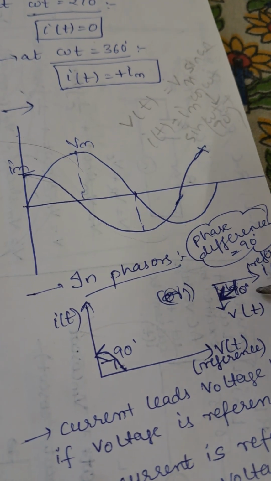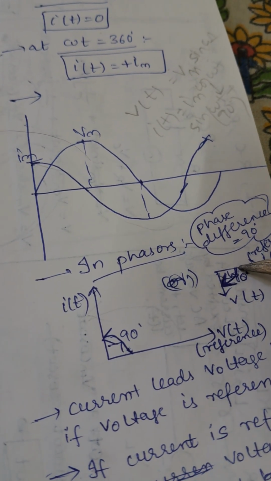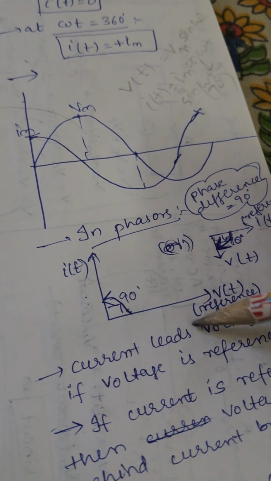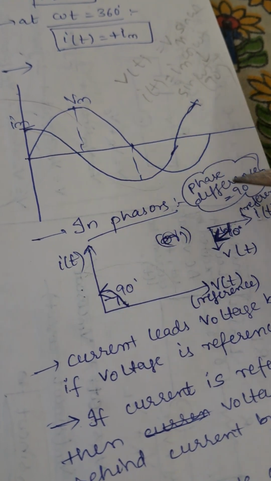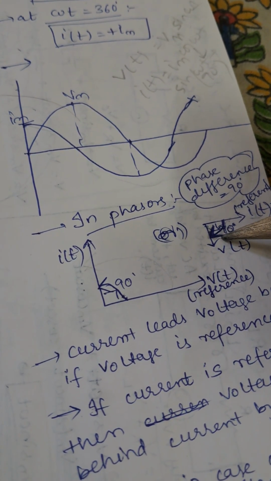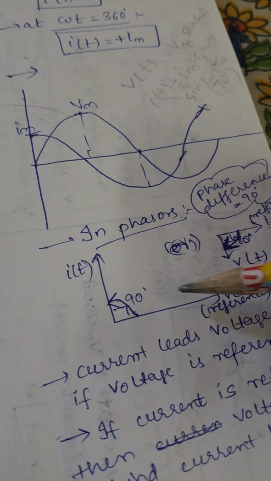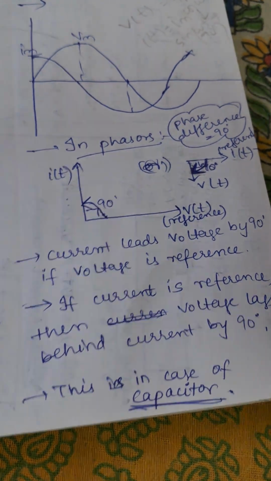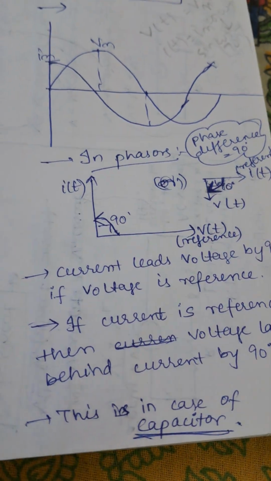Voltage will decrease. Here, when current is the reference, voltage lags behind current by 90 degrees. If voltage is the reference, current leads voltage by 90 degrees. This is for the capacitor. Thank you.